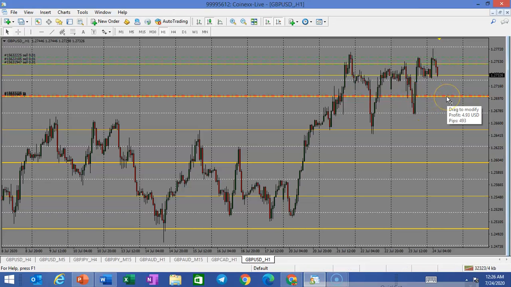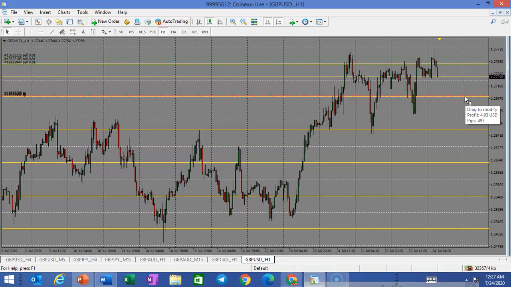So this darker tracer is the 1.2700 line. It's not popping up because I have take profit. That's where I've set a take profit.